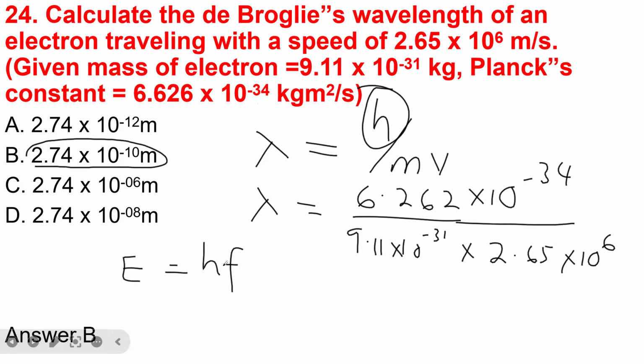So you can have E equals hf, where h is the Planck constant and f is the frequency. You can use this to play around and derive a lot of formulas. So this is what you call the de Broglie wavelength equation, and this is how you make such a calculation.